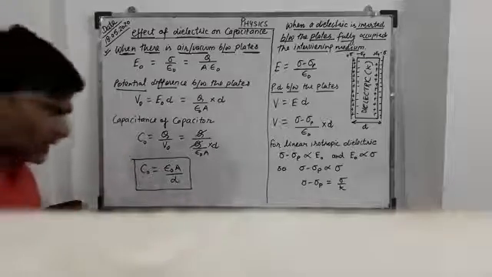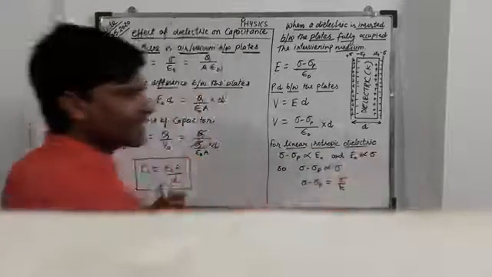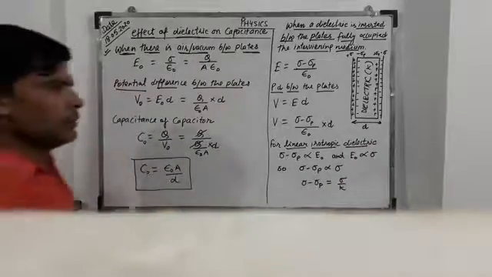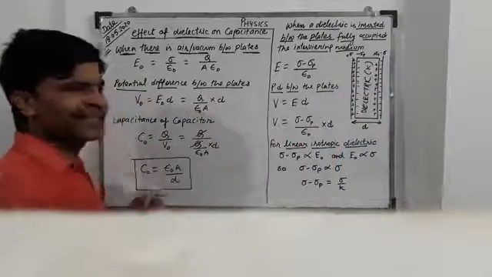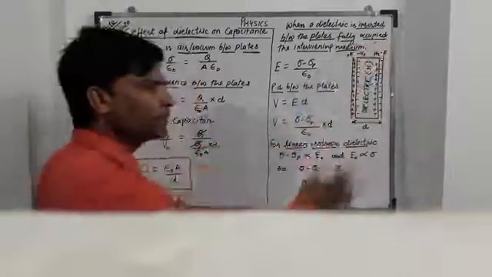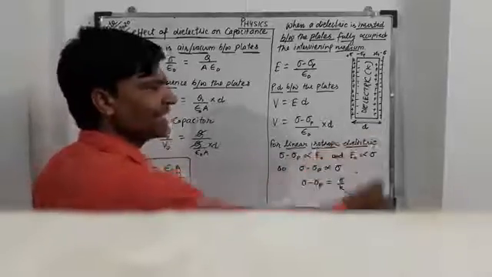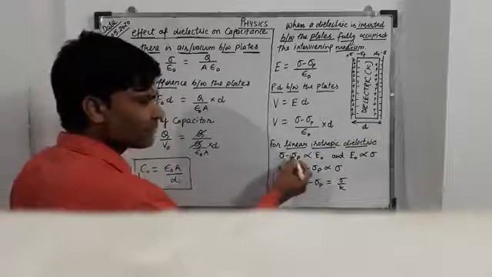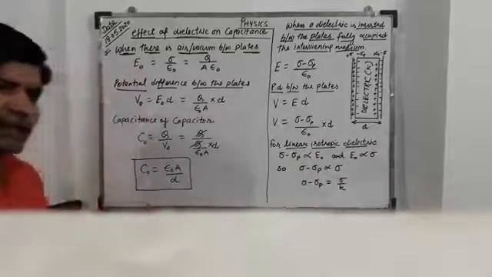Now in the case of a linear isotropic dielectric, which has uniform cross section and the same properties, sigma minus sigma p is directly proportional to E naught.